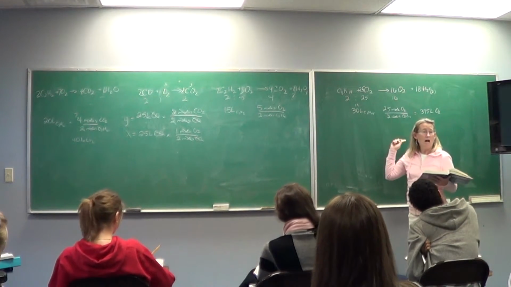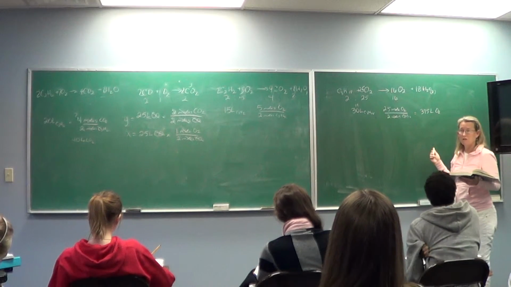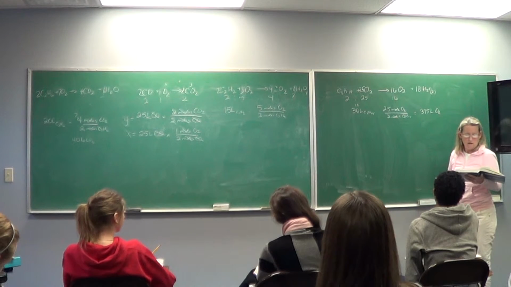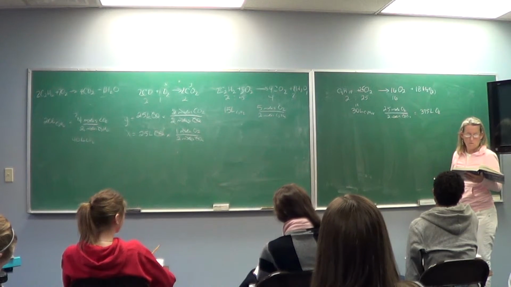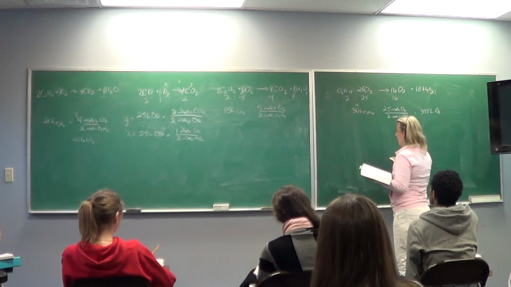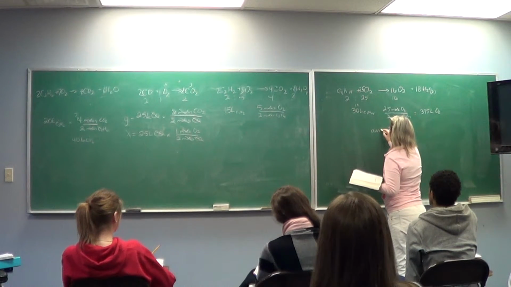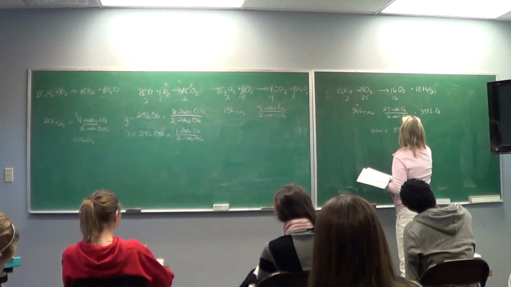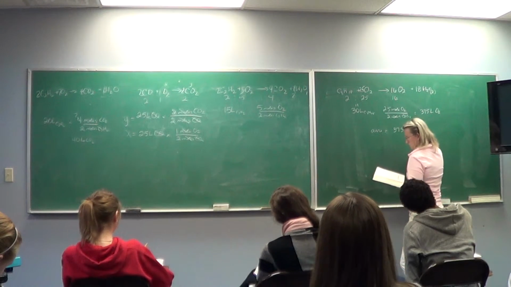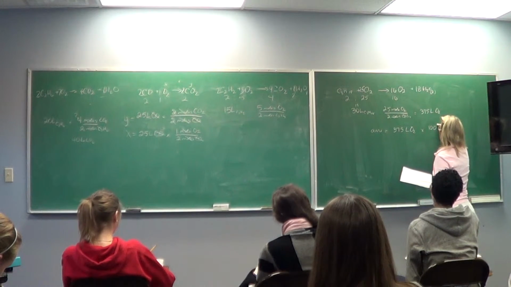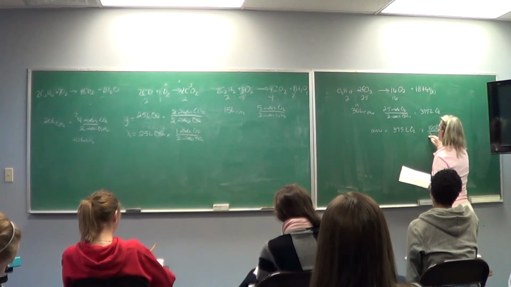Okay, that's how much oxygen we need, but the question asks how much air we need. Oxygen is 20.9% of air, so the air required is going to be equal to 375 liters of oxygen times 100% over 20.9%.